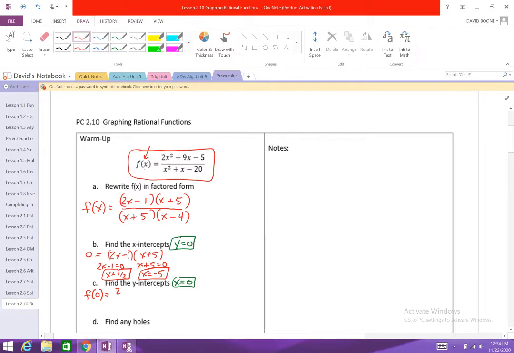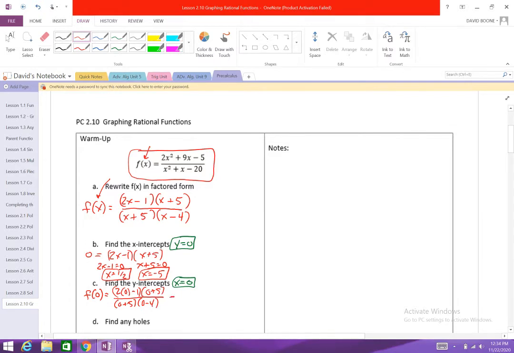Actually, we can make it a little bit easier here. We'll do it in this function right here. So we'll say 2 times 0 minus 1, and then 0 plus 5. I guess you could have done it in the other one as well. And then down here, 0 plus 5, 0 minus 4.